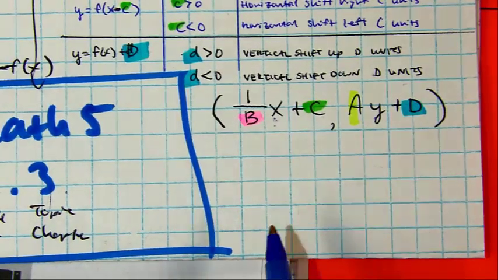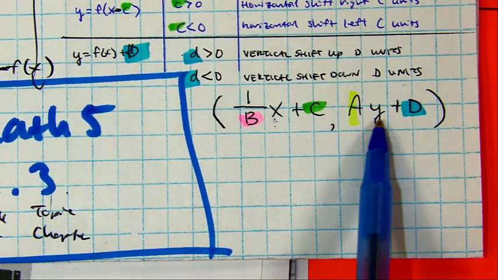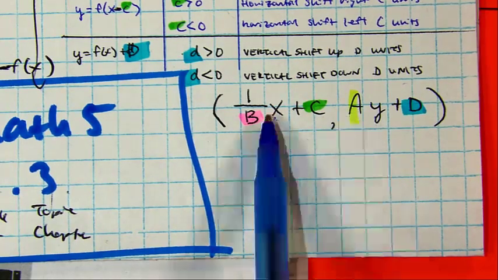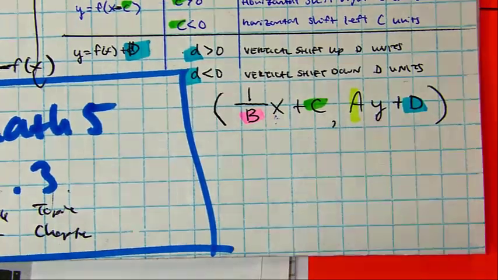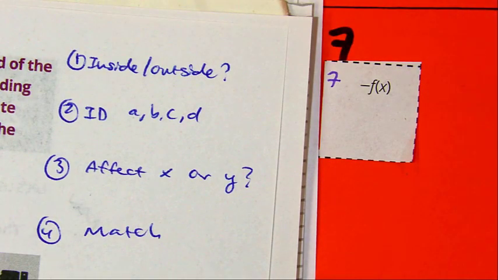On the count of 3. Ready? 1, 2, 3. The Y. So if my A value is negative 1, I'm going to look for X, comma, negative Y. What letter is that? G.